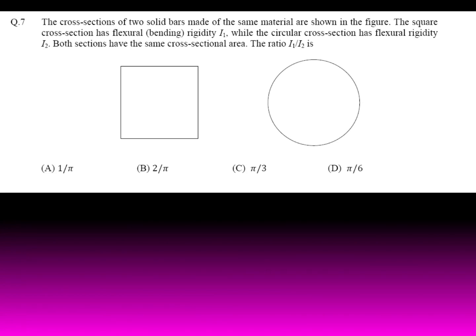So square and circle, both of the same material, so E1 equal to E2, equal to E. Flexural rigidity is EI, the same.